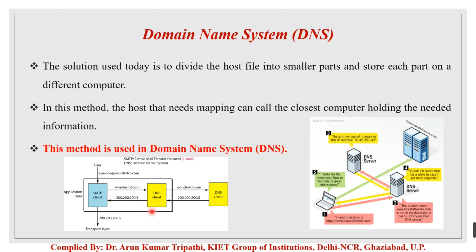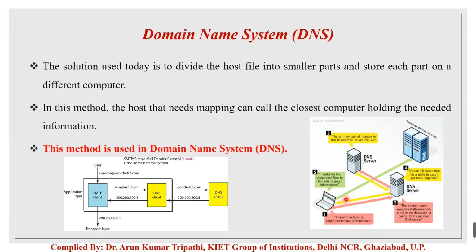Otherwise, if it does not find it, it will send the request to the upper level hierarchy for searching or converting the name into the IP address. If it is not found at the upper level, then it will go to the next upper level. This can be understood more easily by this diagram.